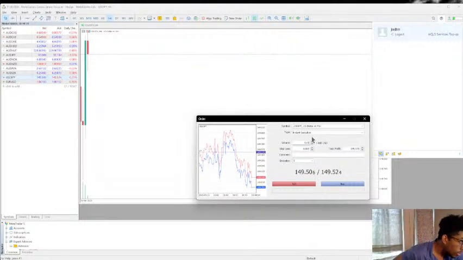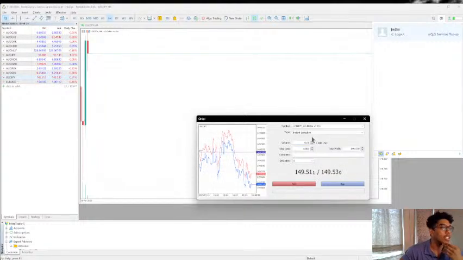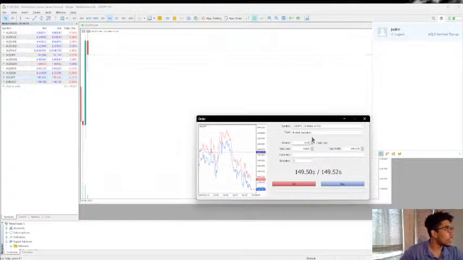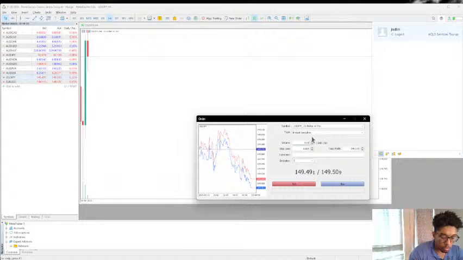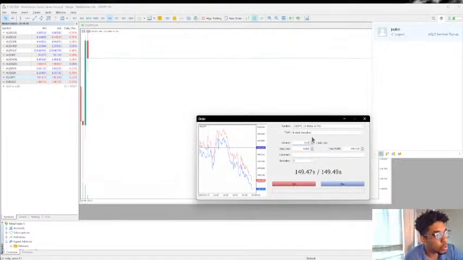But for now, this is just getting a feel for the MetaTrader environment. So the video that I'm about to upload, I'll upload it tonight actually, is going to be a tutorial of MetaTrader.